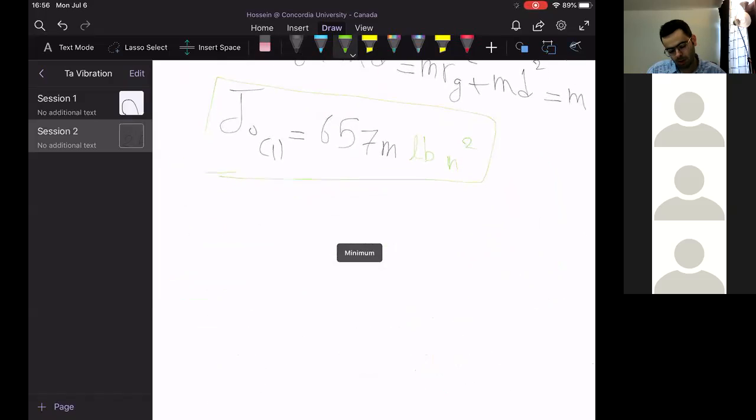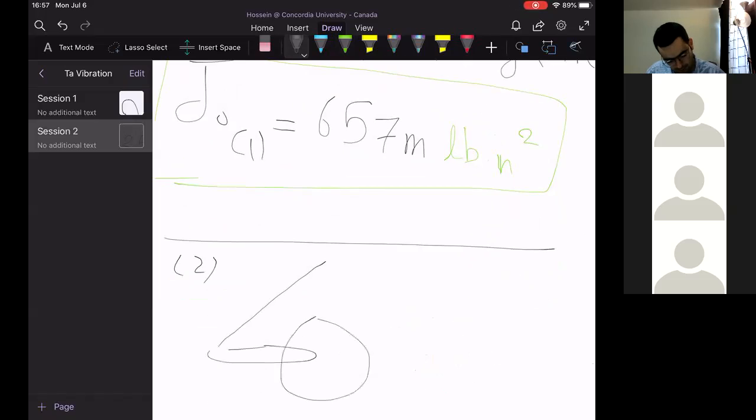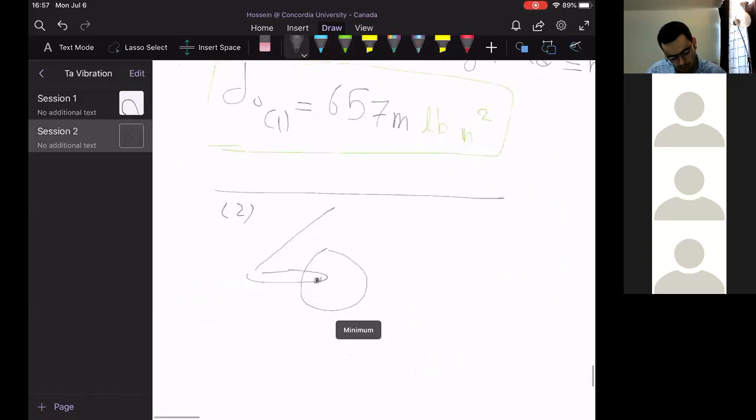Let's go over the second case, where the tire and wheel assembly is not locked to the arm.